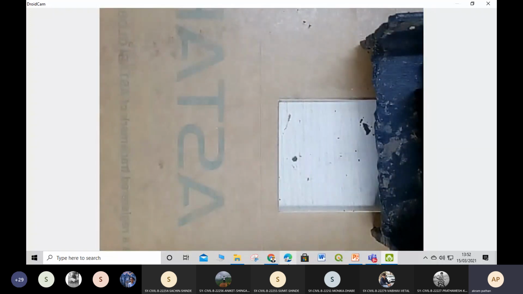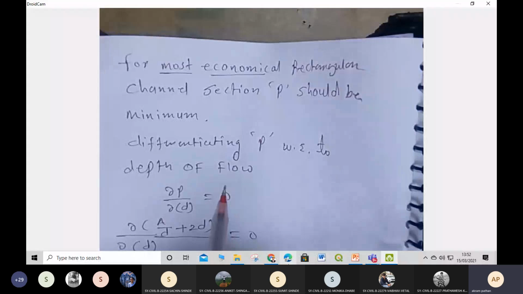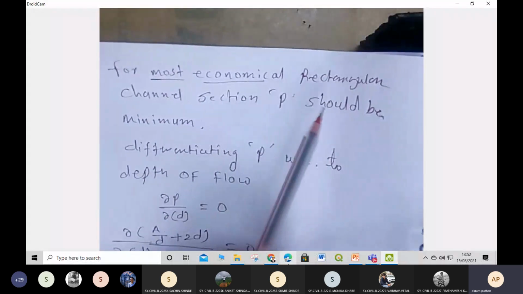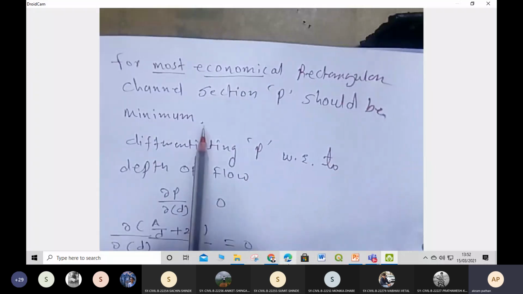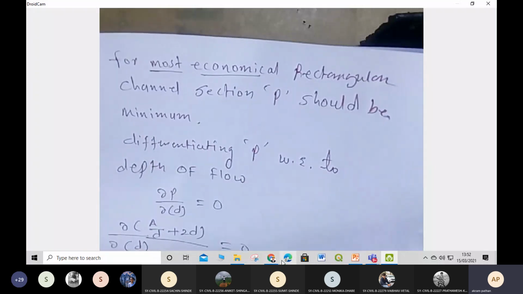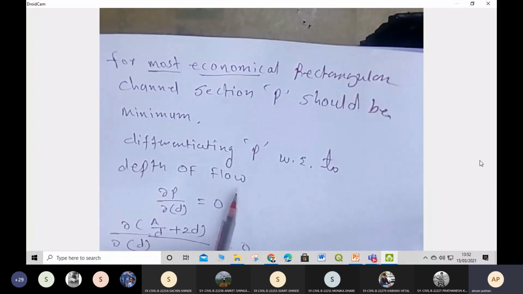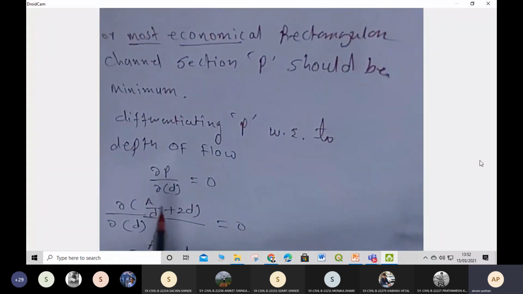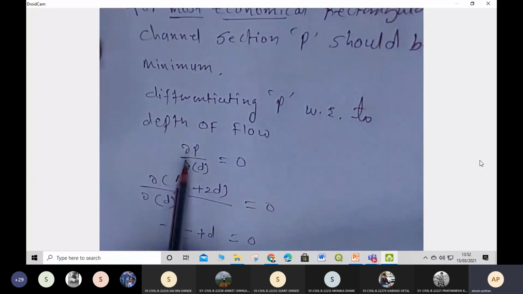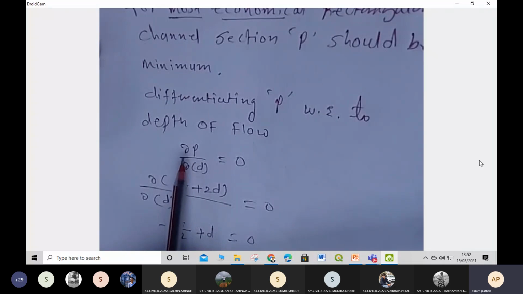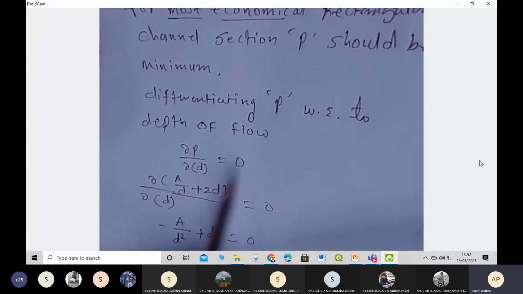After calculation of the perimeter, we have to remember that for the most economical rectangular channel section, the perimeter should be minimum. So we have to differentiate this perimeter with respect to the depth of flow. In mathematical terms, del P by del D is equal to 0.